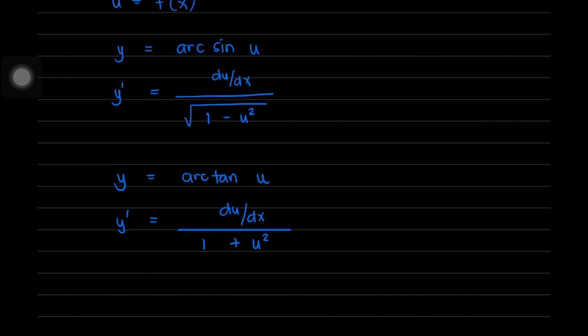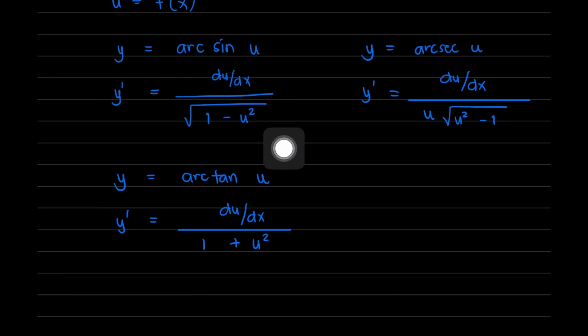And for the function y equals arcsecant of u, y prime would be equal to the derivative of u with respect to x all over u multiplied by the square root of u squared minus 1. Right? So these would now be our formulas when we're given derivatives of arcsine of u, arctangent of u, and arcsecant of u.